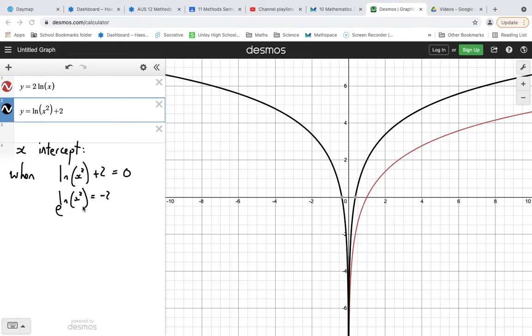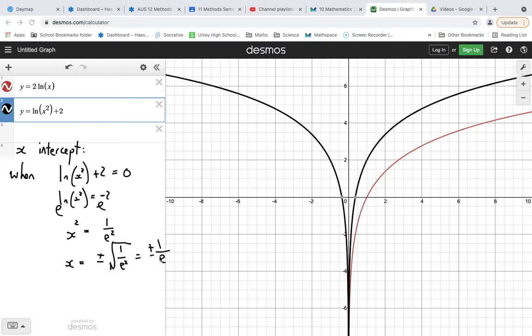Then we'd raise both sides of that equation to make them powers of e, so we can get rid of this log. Say x squared is equaling 1 on e squared. Then we could say we need the square root, plus or minus the square root of 1 on e squared, which is the same thing as the square root of 1 on the square root of e squared, which is just e.